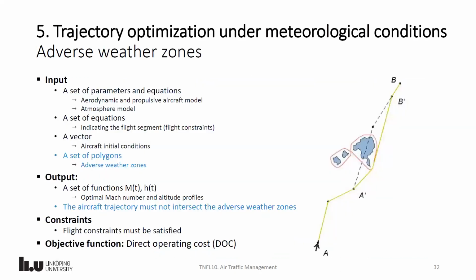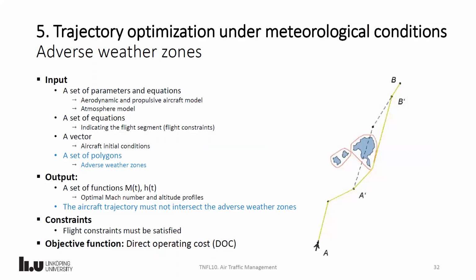Okay, so let's finish with adverse weather zones. As I said, adverse weather zones are regions of the airspace that the aircraft wants to avoid because there are safety issues if we enter those zones. For example, we could have turbulence, hail, or any other weather hazard that can affect the aircraft.